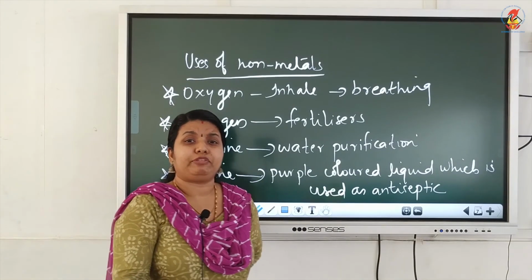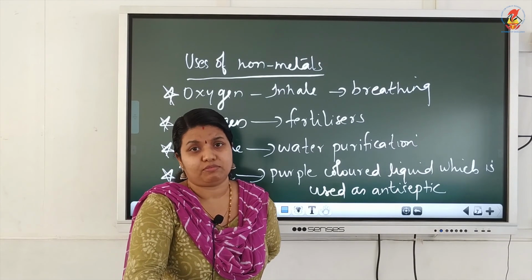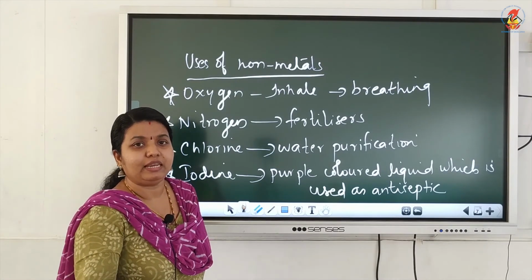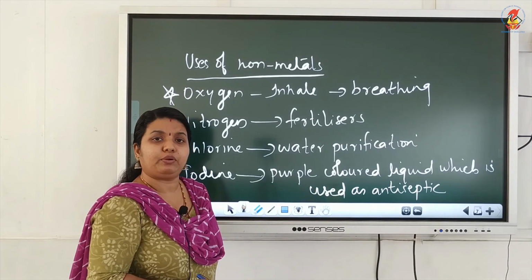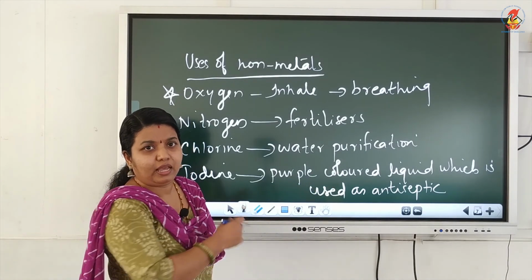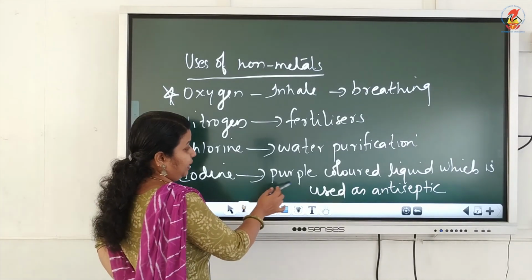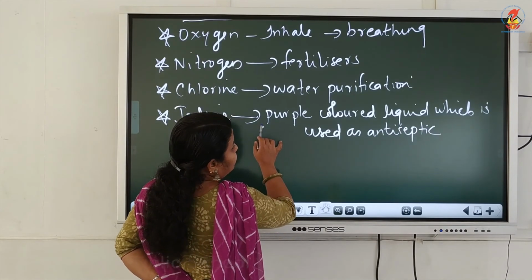You all might be familiar with betadine, the betadine lotion which we apply on wounds. It is actually iodine. Iodine is a non-metal present in betadine. Iodine is the main component of betadine.